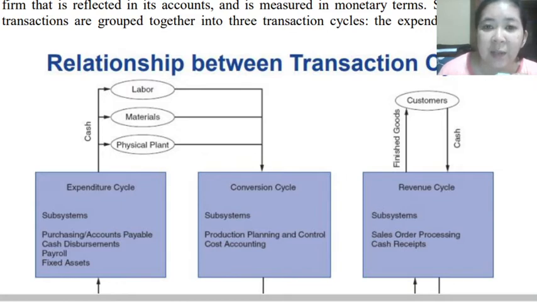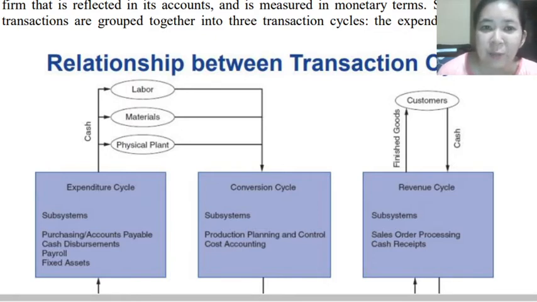In this cycle, it involves the putting together of the different elements of capital and production to create a good or a service. Again, this is the premise of earning a revenue.